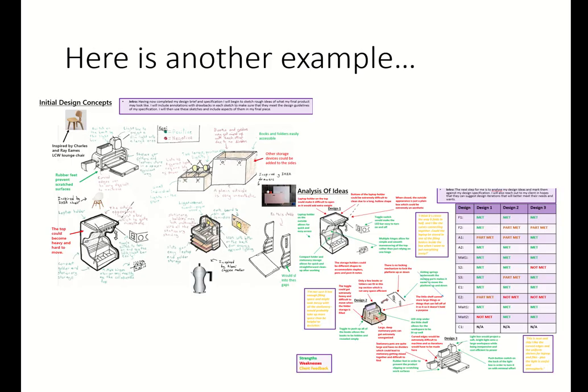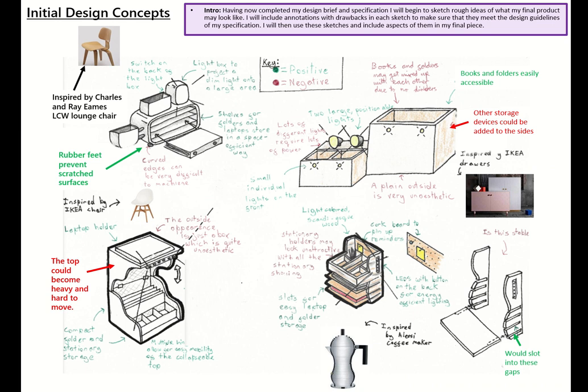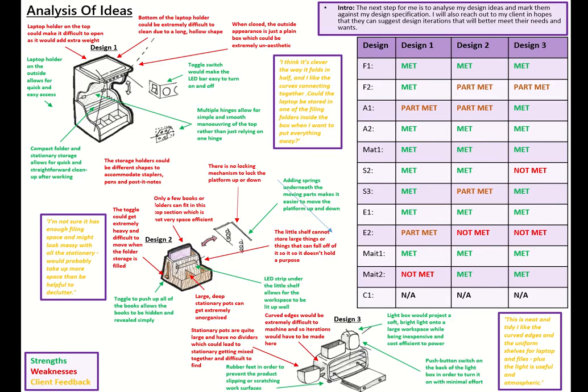Here's another example. Students going from initial concepts to analysis. They've actually done a pretty good job with their sketching, so they don't need to improve it that much. That's great. But like I've shown, they've then broken it up on the page. What else have they added? They've actually added a couple of additional details or iterations. Again, if you need to improve your sketches, do it. Why not?